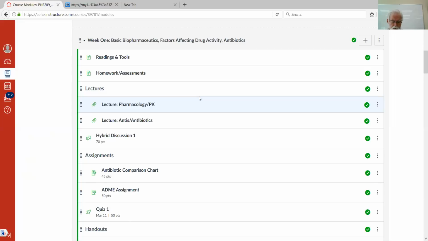Okay. These are under week 3. It will be under week 3. It's not there yet. I will get it in there today. So you'll see it as an 80-point assignment in week 3.